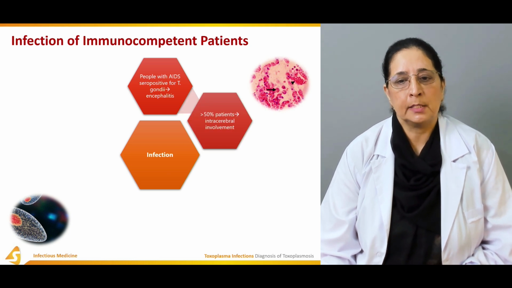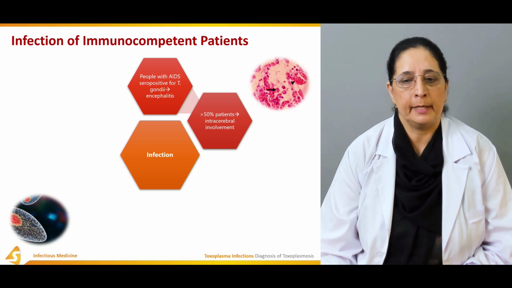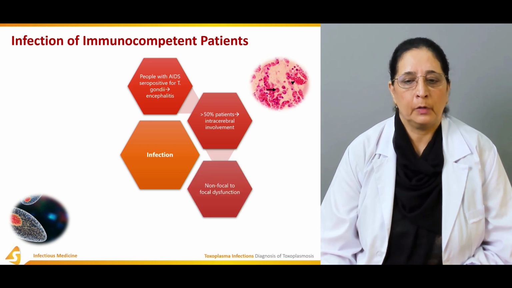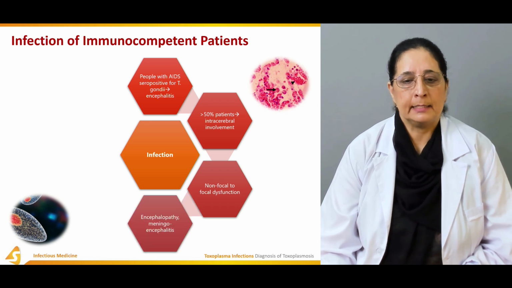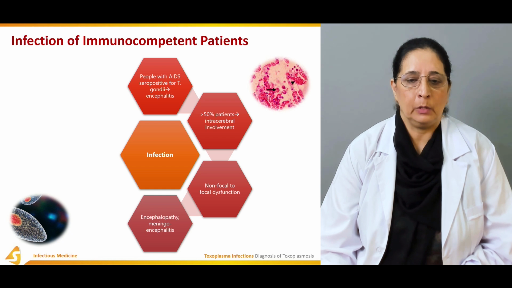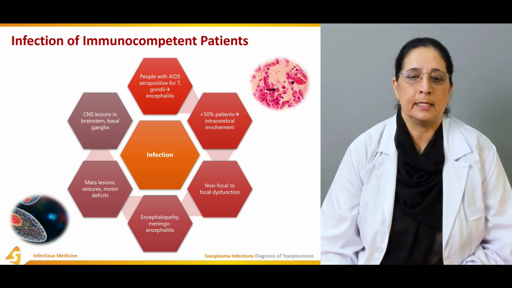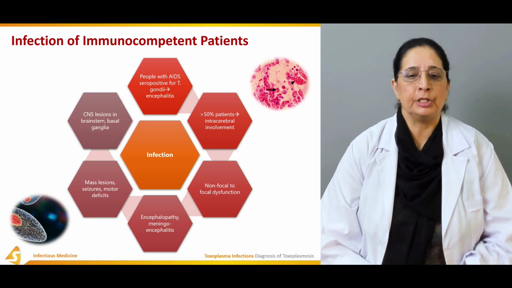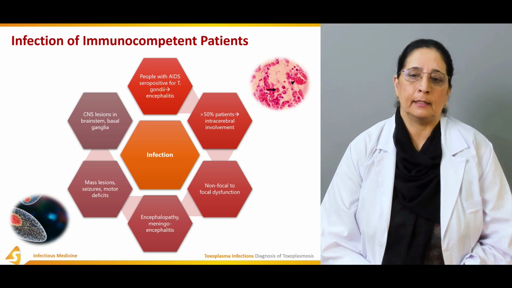More than 50% of patients have intracerebral involvement, from non-focal to focal dysfunction: encephalopathy, meningoencephalitis, mass lesions, seizures, motor deficit. Central nervous system lesions in the brain stem and basal ganglia are present.